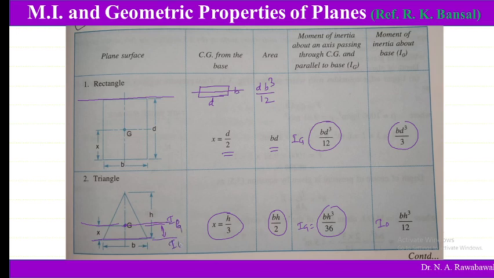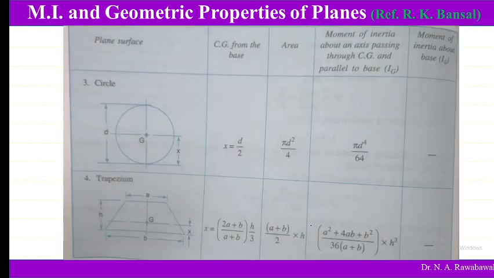So this chart is given in the book Fluid Mechanics by R.K. Bansal. Similarly for a circle of diameter d, the center of gravity from base is at d by 2 and the area is pi by 4 d square, whereas its moment Ig about the axis passing through its center is pi by 64 into d to the power of 4.